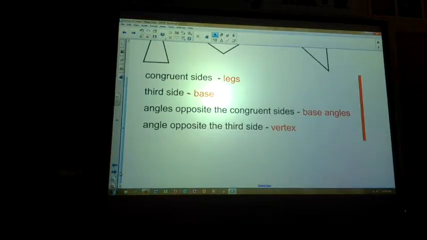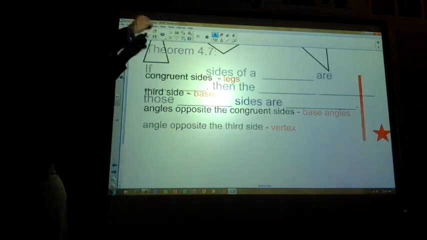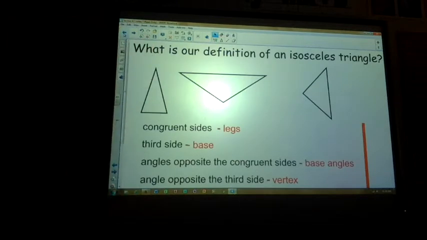The side that's not is called a base. And the angle that's opposite of the base is going to be called the vertex. Make sense? Like it? Happy? Can we move on? Is that a yes or no?